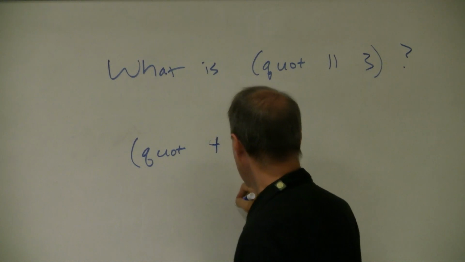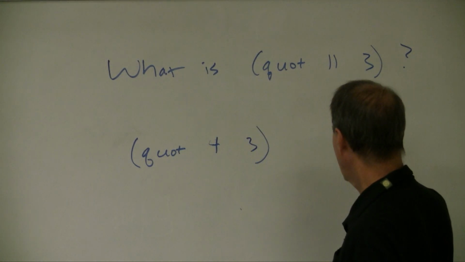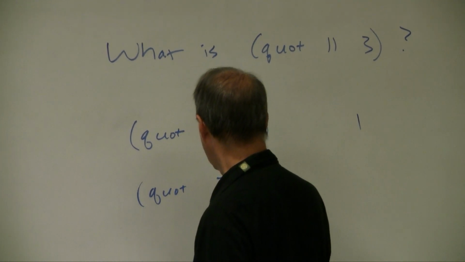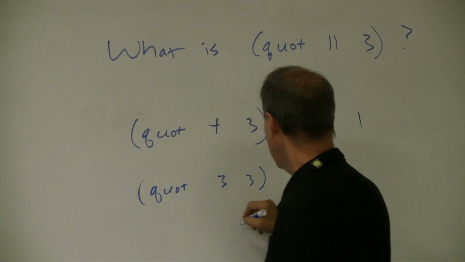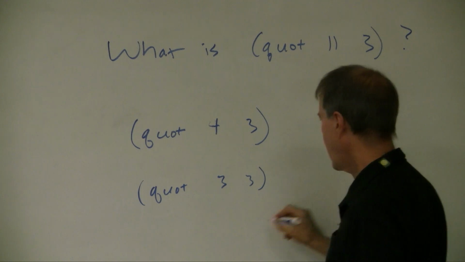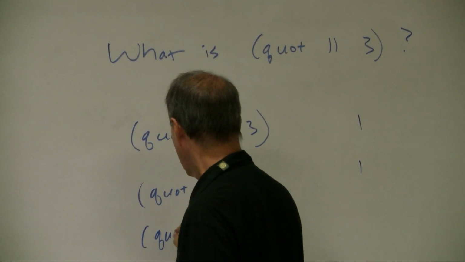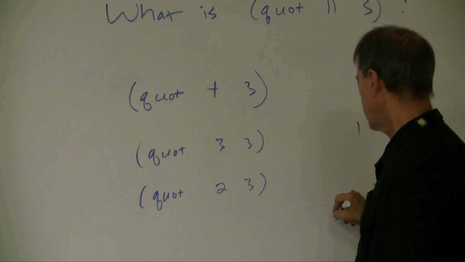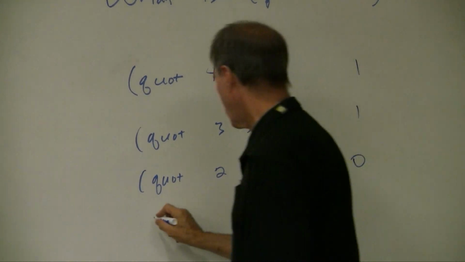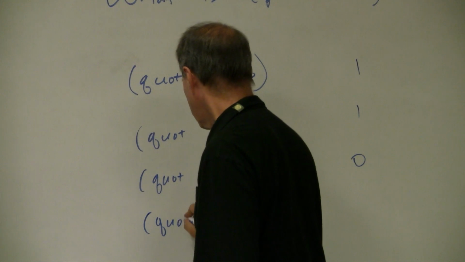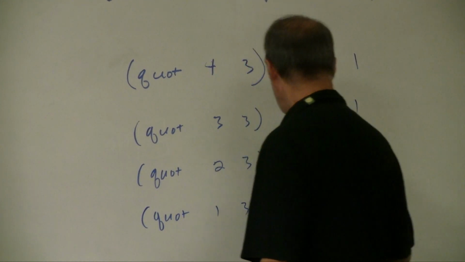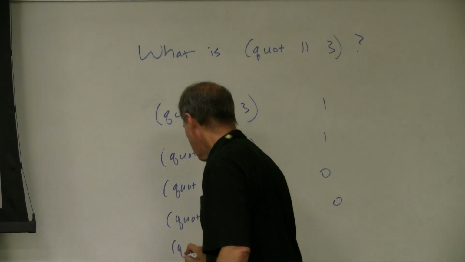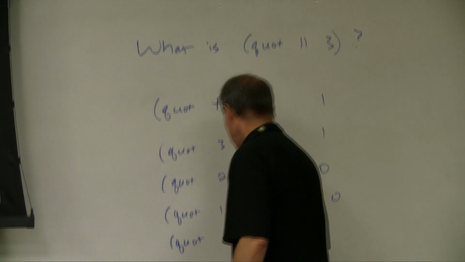What's quote 4.3? 1. And then what about quote 3.3? 1. And what about quote 2.3? 0. And what about quote 1.3? 0. And what about quote 0.3?